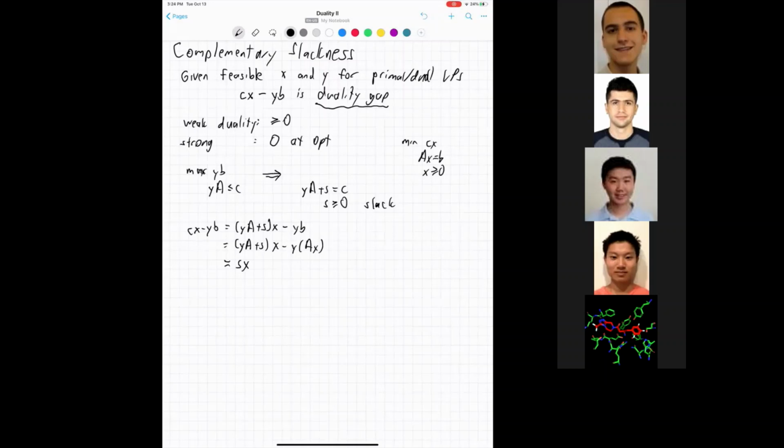Recall also that S is greater than or equal to 0 and X is greater than or equal to 0. So we have a dot product of non-negative values. This immediately tells us that SX is greater than or equal to 0. But what happens if SX is equal to 0? What can we conclude if all of the variables are non-negative? How do we get a zero dot product?